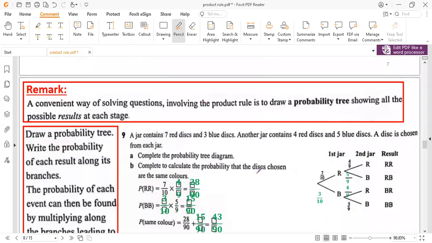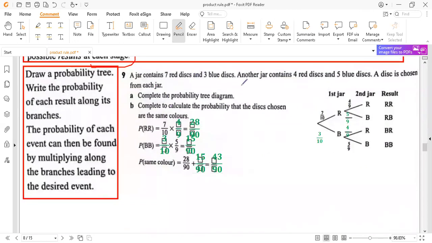Okay, and we can remark that one of the convenient ways of solving a question is to involve the product rule and to draw a probability tree showing all the possible results at each stage. For example, we have a jar containing 7 red discs.